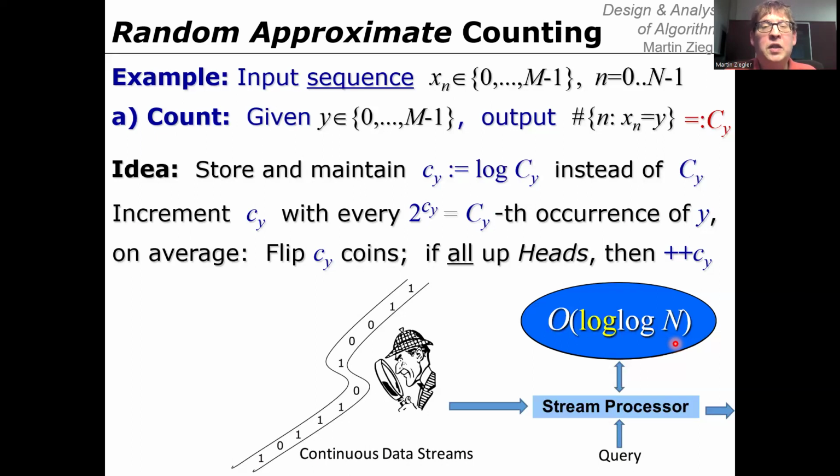The number of electrons in the universe is estimated to be 2 to the plus 80. The logarithm of that is thus 80. And improving that to a double logarithm, the logarithm of 80, is maybe arguably more an intellectual challenge than actually practically relevant, but the technique itself is certainly interesting, as is its analysis.